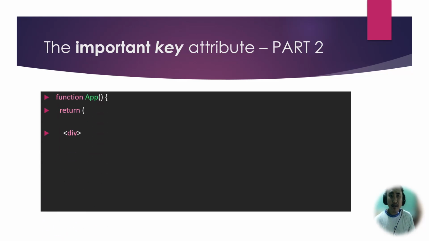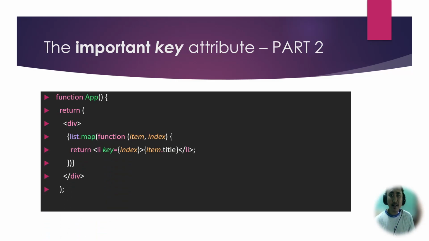We can use index as an identifier, but please take notes that using index as an identifier is the last resort and should be avoided because it will have the same rendering issue as the previous explanation I mentioned, and will cause some bugs in our user interface.